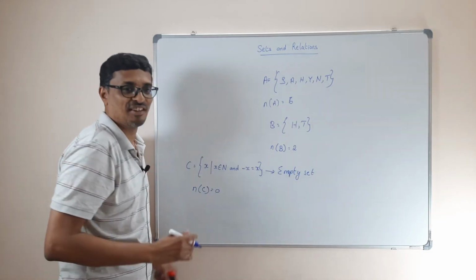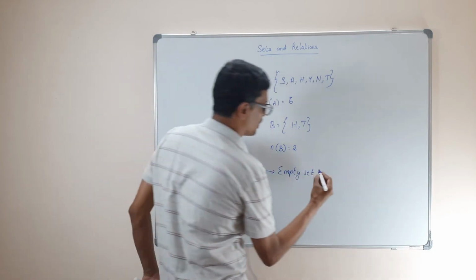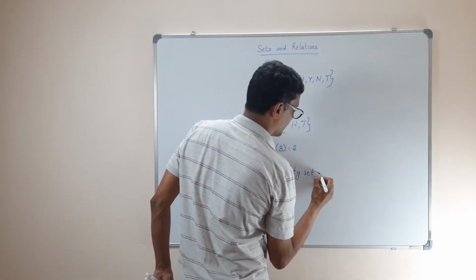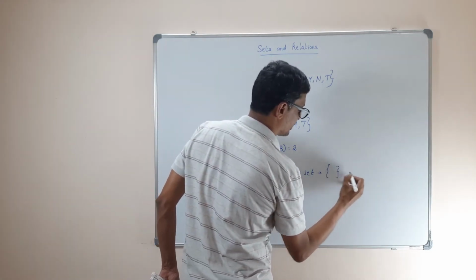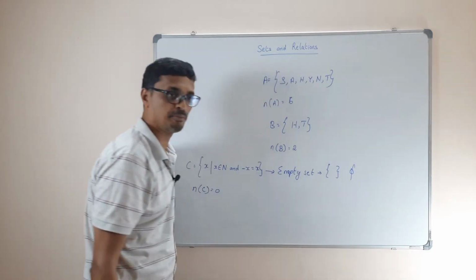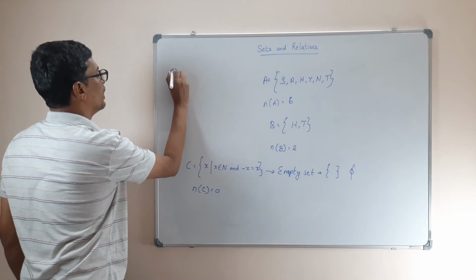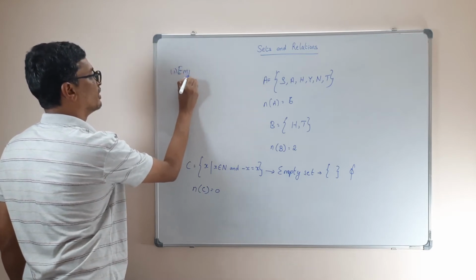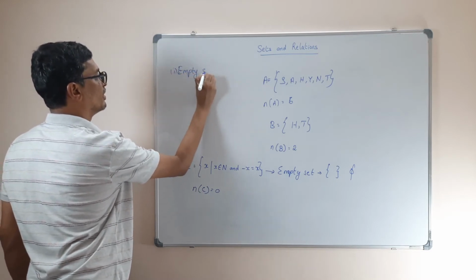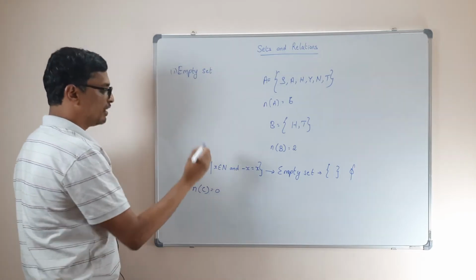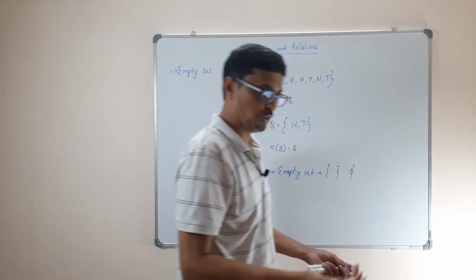It means it doesn't have any element. Usually the empty set is represented as a pair of braces or the symbol phi. Okay, so this is the first one, the empty set. So what is n of empty set? It will always be 0.